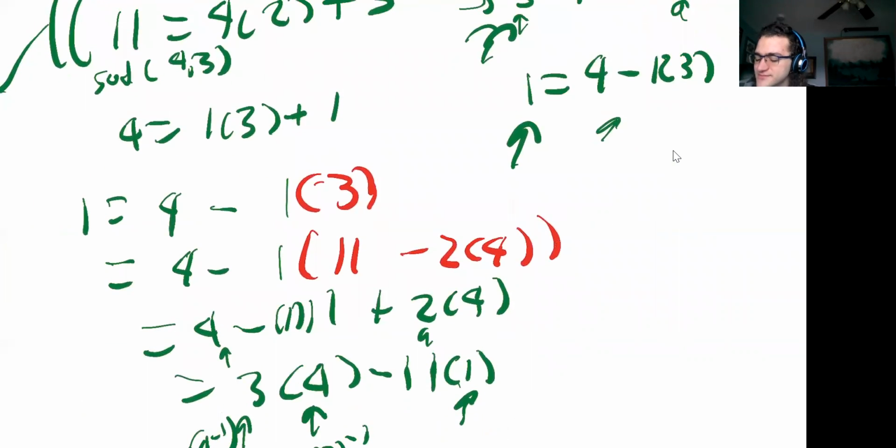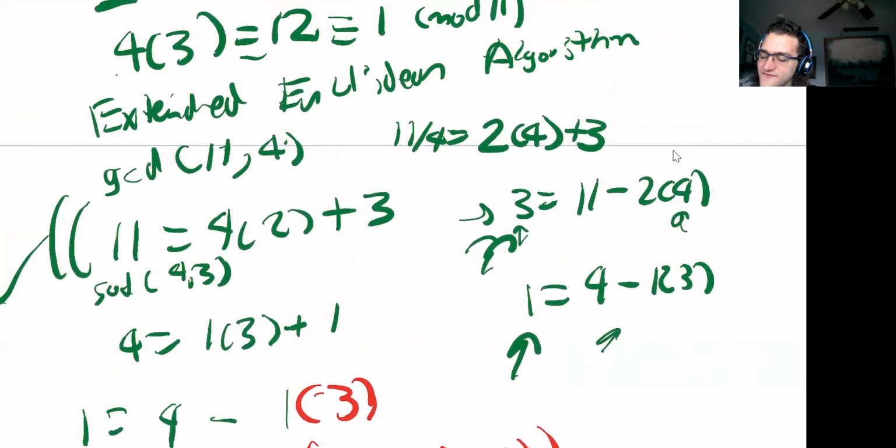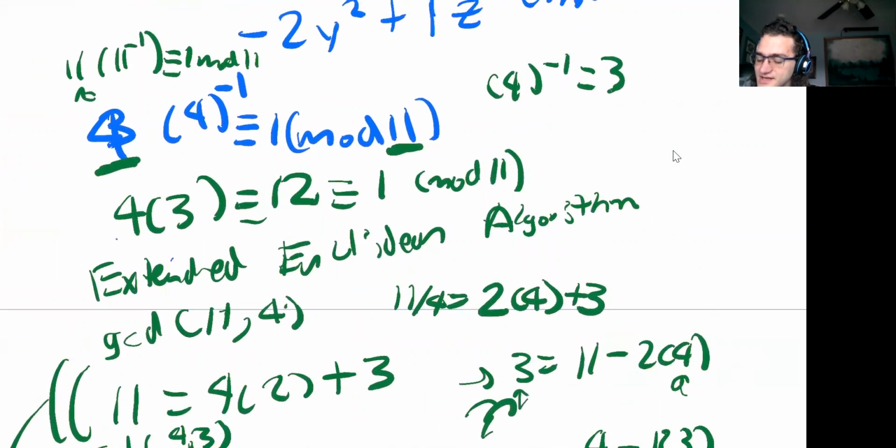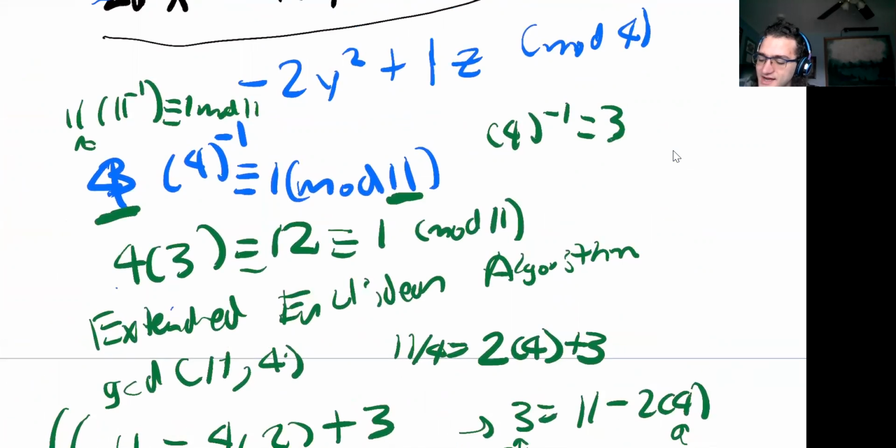These things multiplied together will be equivalent to 1 when I reduce things mod 11. And so I've found the modular inverse of 4 is 3. And so instead of trying to ask what I can divide here, I'm going to instead take the inverse.